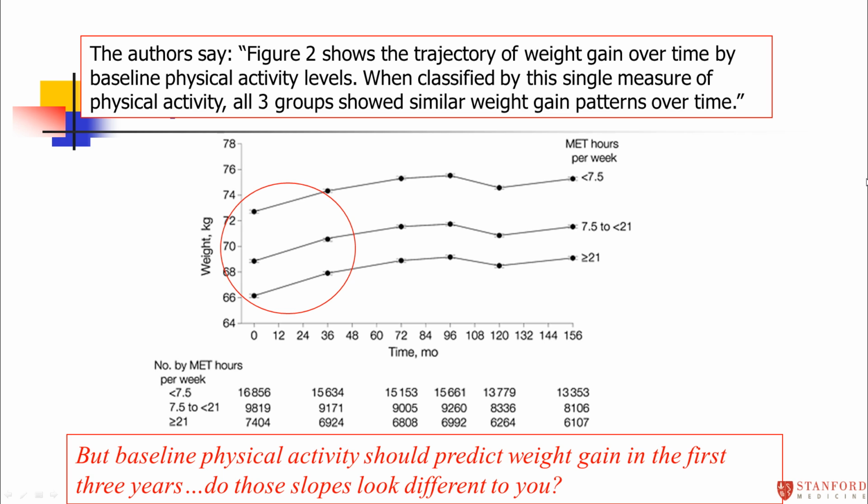Now look at those 3 lines. Those look about as parallel to me as 3 lines can be. Why is that? Well, remember, the effect size is so small here, a 0.15 kilogram or 0.12 kilogram difference in the slopes over 3 years. It's so tiny that it's not visibly perceptible. So again, looking at the picture and trusting the picture more than the fancy statistical model can really serve you well.